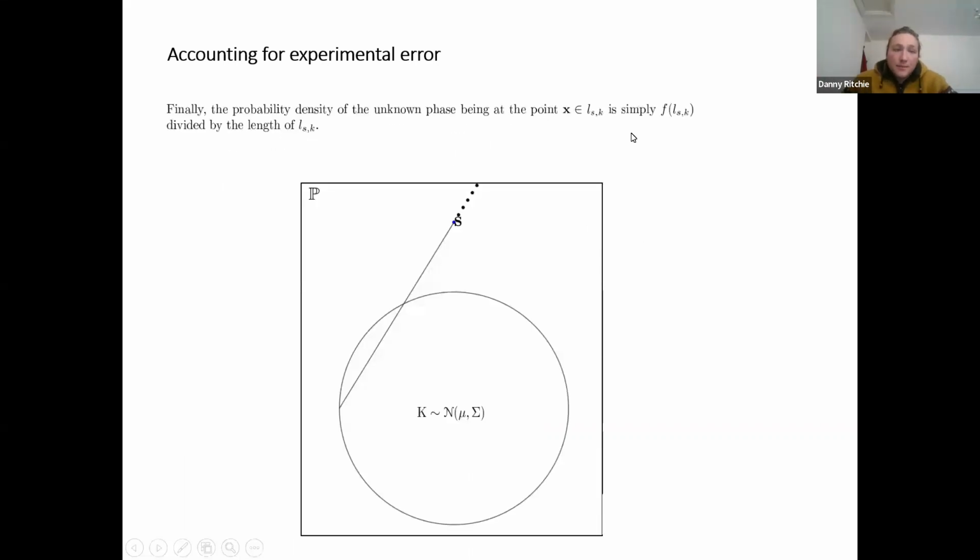The final step is calculating the probability density of the unknown phase being a point belonging to that line, and that is simply the probability density of it lying in the line divided by the Euclidean length of the line. I can stop there for any questions. That's the core.